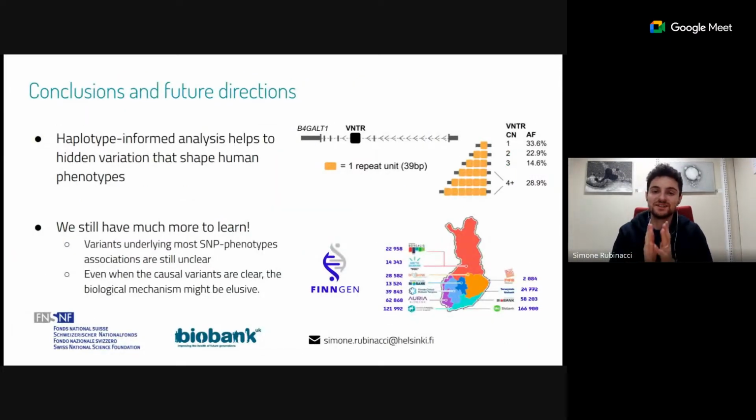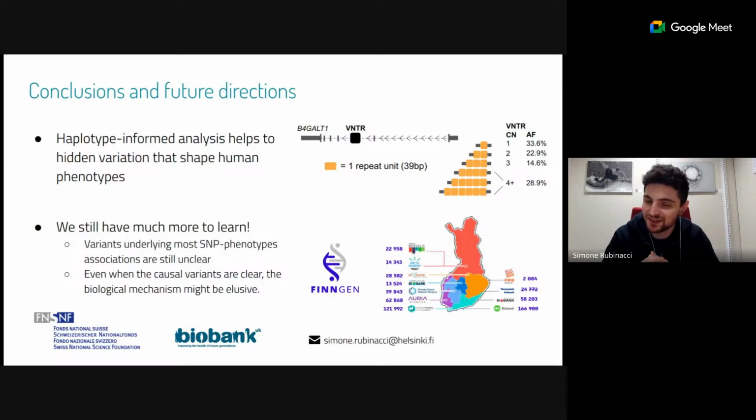So to summarize, the methods I've shown you today provide an overview of how shared patterns between individuals in large-scale biobanks can help inform us of disease status and disease genetics. However, we are far from done. We only explain a small fraction of these trait associations, and there are many directions that remain for further work.